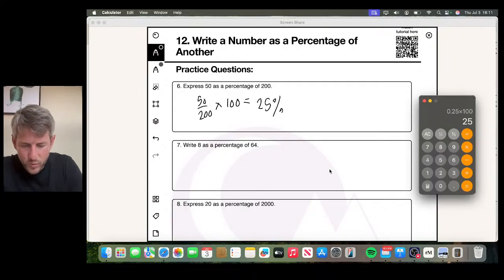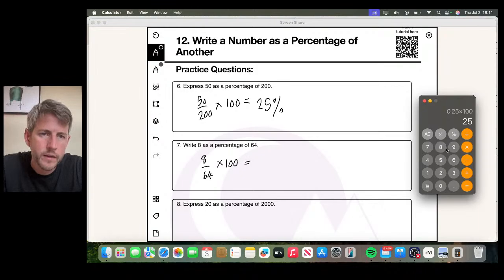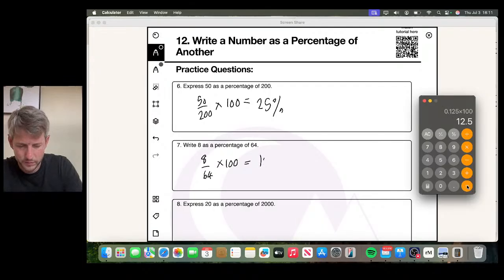Okie dokie. Next one, we've got 8 out of 64 times 100. Okay, so 8 divided by 64. Oh no, that's gone wrong. 8 divided by 64 equals this, times 100 equals 12.5.